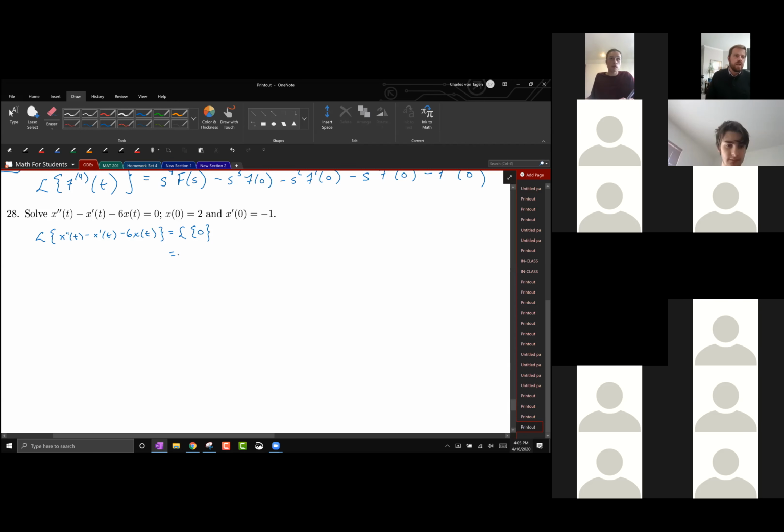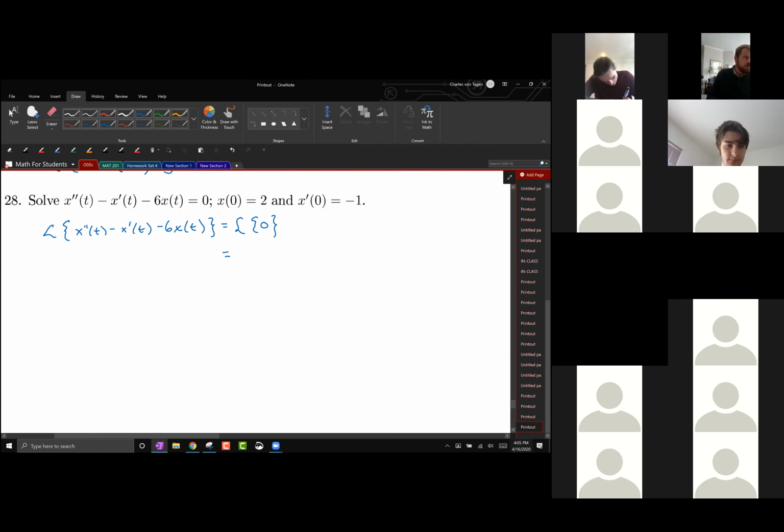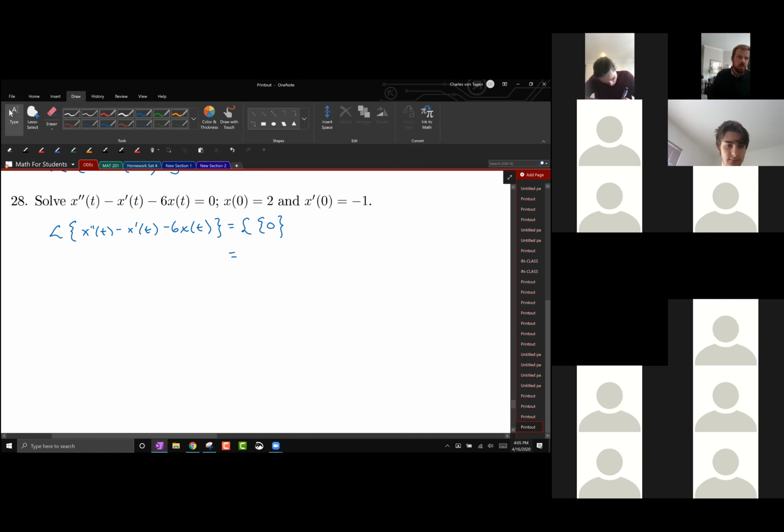You'll take the Laplace transform of that right-hand side. On the right-hand side, the Laplace transform of 0 is just 0. Nothing exciting there. And I'm going to run out of room. Let me start with the left-hand side.